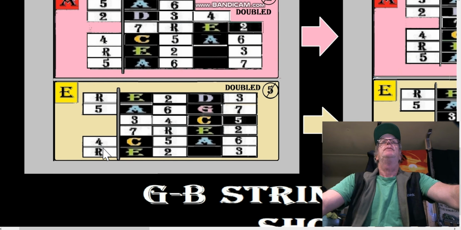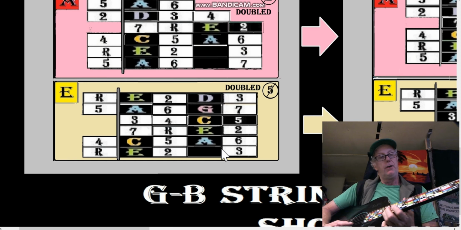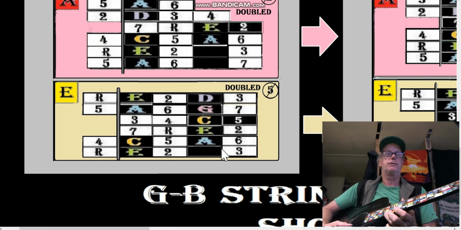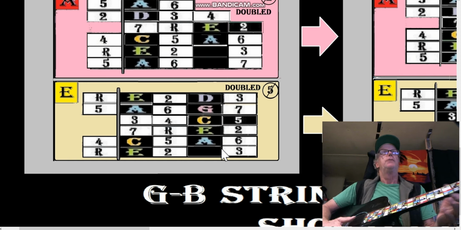Those are all string shapes, and the top string shape is an E string shape. The fourth of E is an A string shape. So the B string takes the fourth of the top string, which is the E string. That will help us remember how to do this.